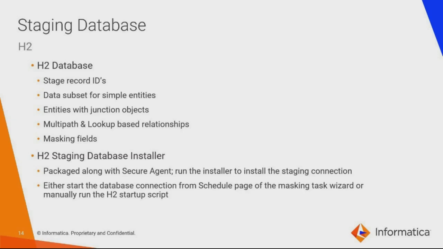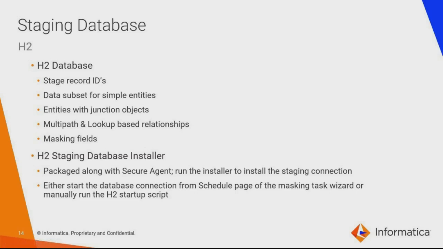You can run the H2 package installer to install the staging connection. Again, you would have to make sure that this H2 staging database is up and running prior to starting the data masking task. Two ways of doing this: one from the masking task schedule page, and the second option is to manually run the H2 startup script itself.